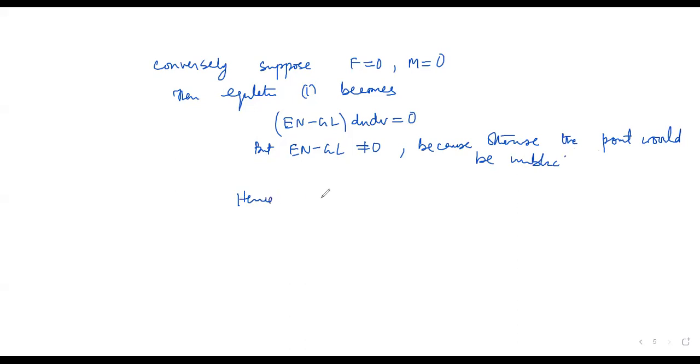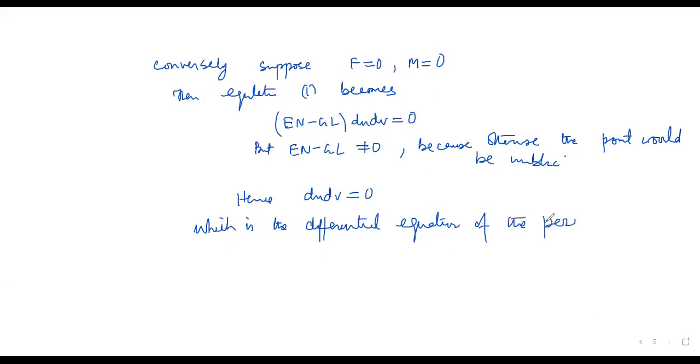Hence du dv is equal to 0, which is the differential equation of the parametric curves. So for our lines of curvature becoming parametric curves, we must have for a surface F = 0 and M = 0.